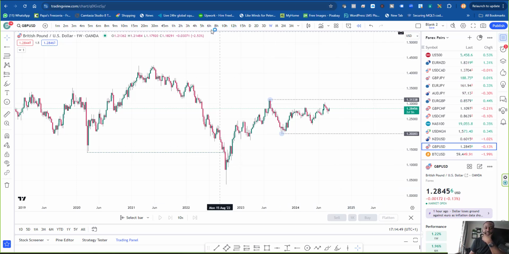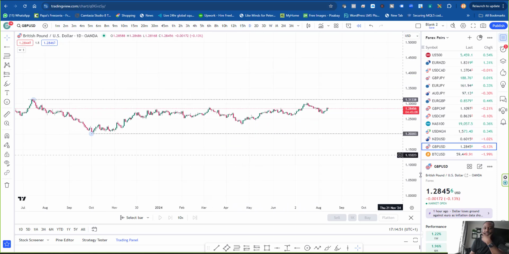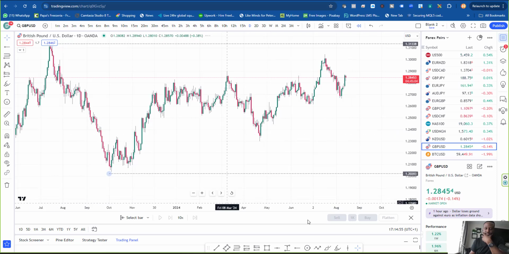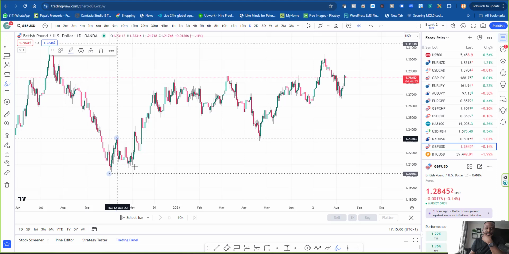So when we drop to daily quickly, we can see that from the daily perspective, price has been going low, high, higher low, higher high, higher low, higher high, higher low, higher high, higher low. Then it dropped a bit here, then gave us a higher high.